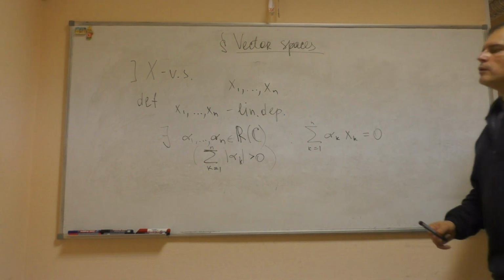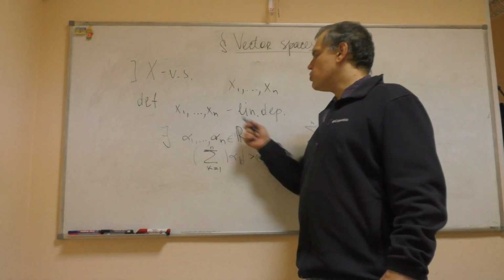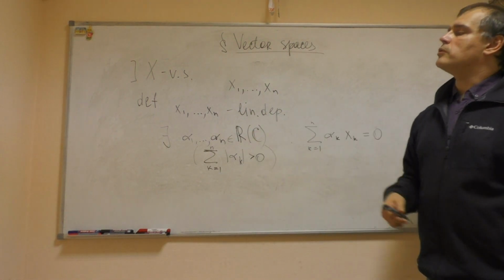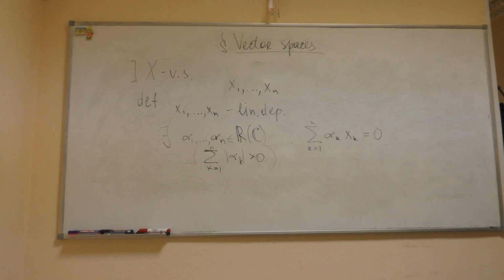So if we can find such a non-trivial combination of numbers, these vectors are called linear dependent.